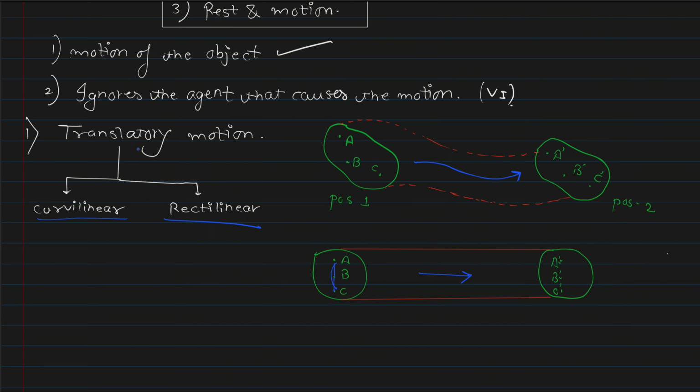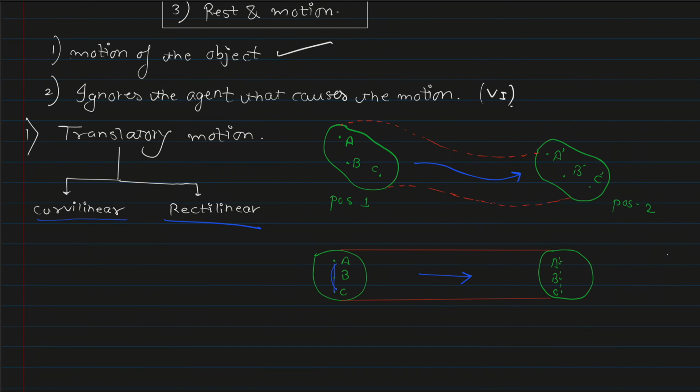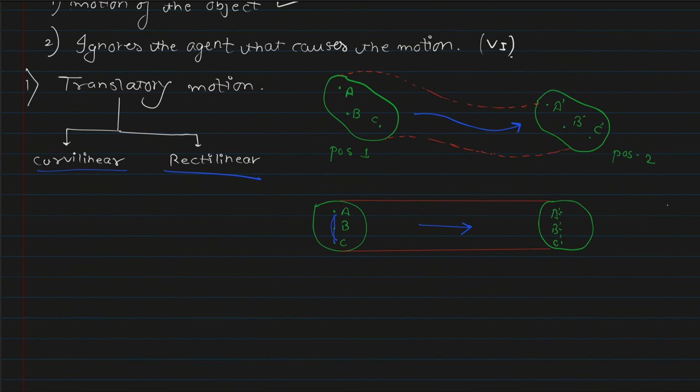Here it is important that the body does not change its orientation. It doesn't matter how the body is taken, whether by a curvilinear or a rectilinear path, but the orientation of the body does not change at all, and that's really very important. All right, so this is what translatory motion is.